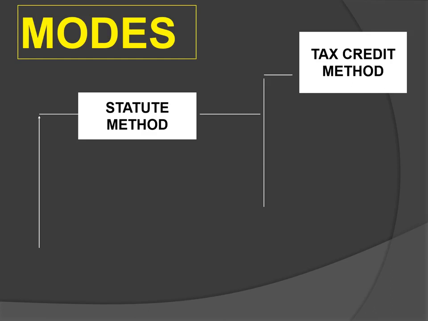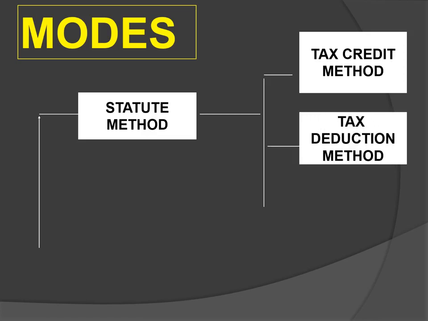On the other hand, there's another method provided under the tax code known as the tax deduction method. Under the tax deduction method, the taxpayer does not state in his return that he wants to use the tax credit method, and therefore in that case, he could use the foreign taxes paid as a deduction from his gross income in order to arrive at income subject to tax.